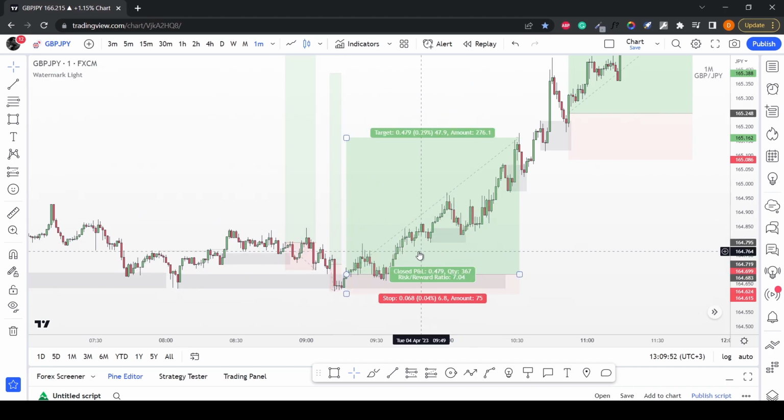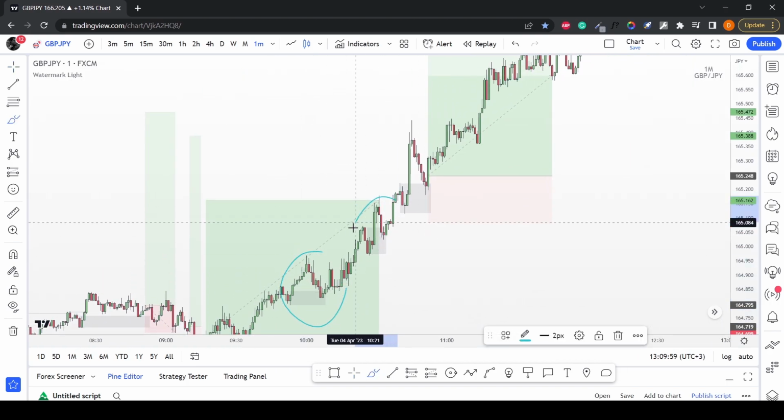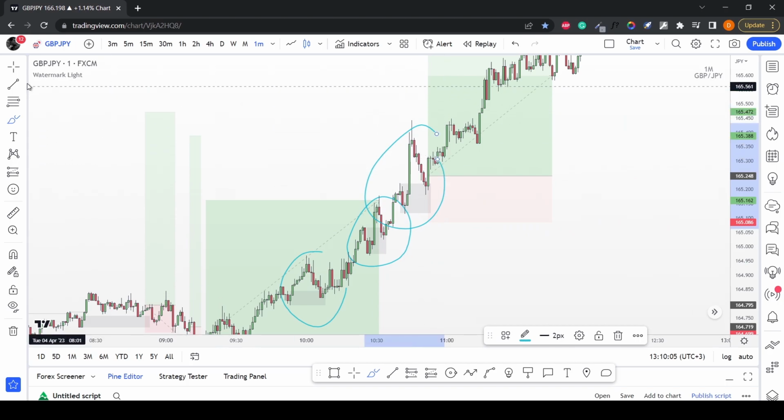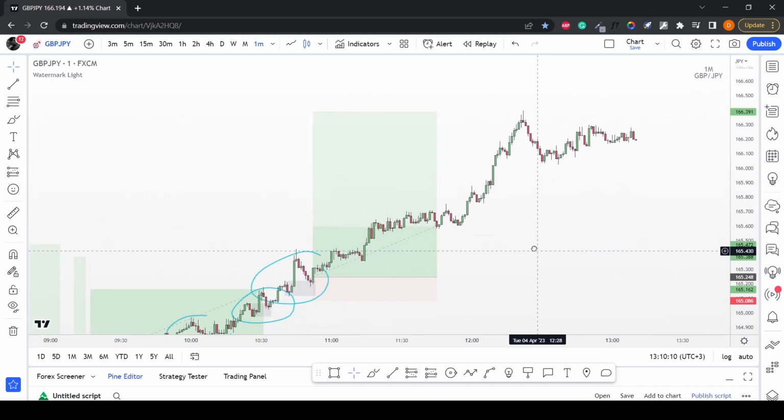This was a direct confirmation, a classic confirmation, and this one is even more a perfect example of the entry criteria, and this one also, and all of them ran to 7R at least.